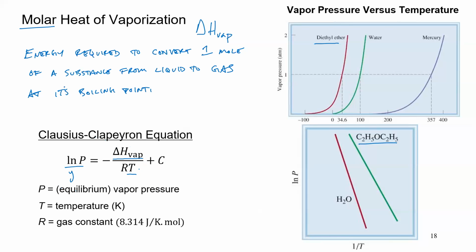Here's our Y, and this 1 over T is our X. And so the slope of this line, right, is negative delta H of vaporization over R. In chapter 5, we used R with units of liter atmospheres because we were interested in volumes and pressures. Now we're interested in energy, and so we're using the R from chapter 6, where we used it in terms of joules.